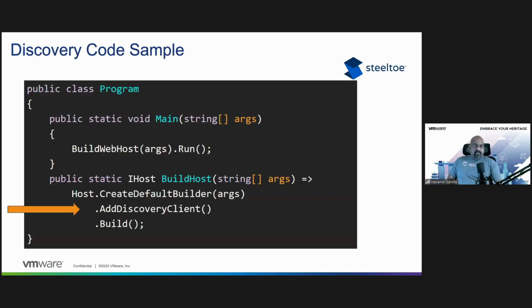Now, we kind of talked about this. Does it mean that since you're taking on a dependency on Steeltoe, the Steeltoe code is strewn all over your code base? No, in fact, these things are built to be very user-friendly and as easy as it is to add something like this. You can see just one line here in the Program.cs file, which is your main class, where you have your generic host being built.